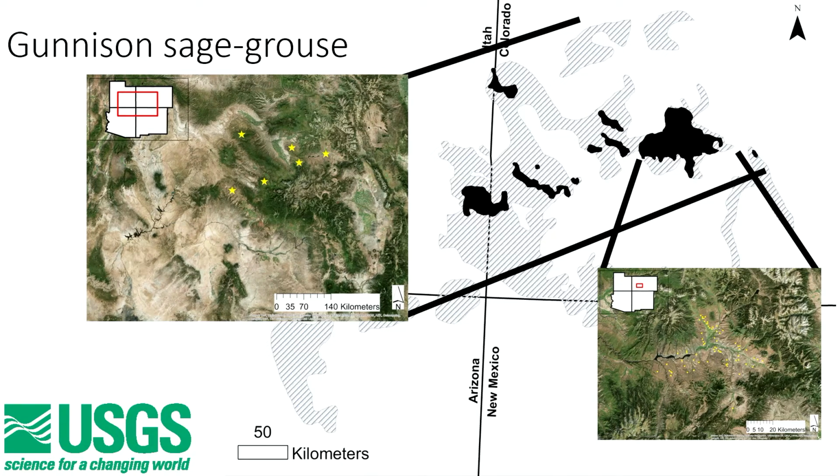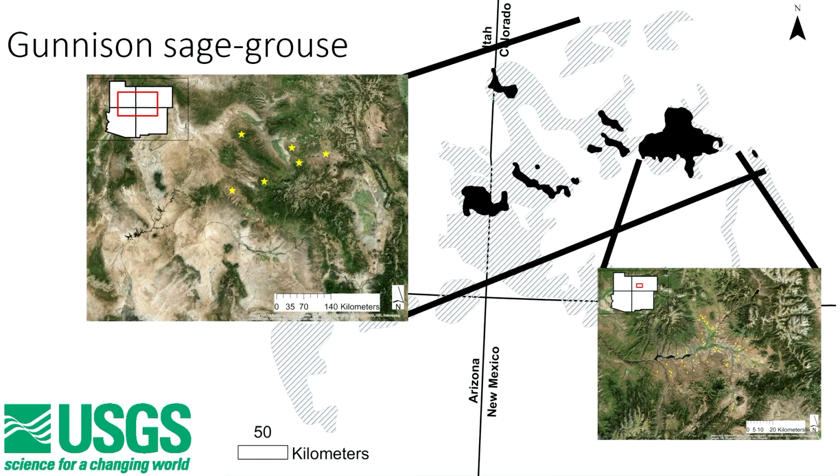When we look within the Gunnison Basin, we see relatively contiguous sagebrush habitat with those leks nested within that sagebrush, but there's also still some disruption to that sagebrush habitat that the birds will have to navigate, like the city of Gunnison, where we are right now.